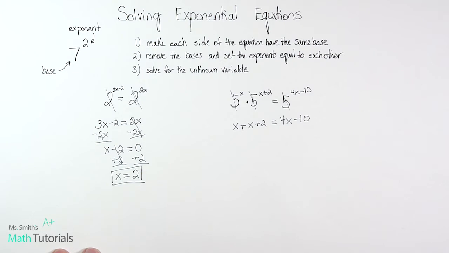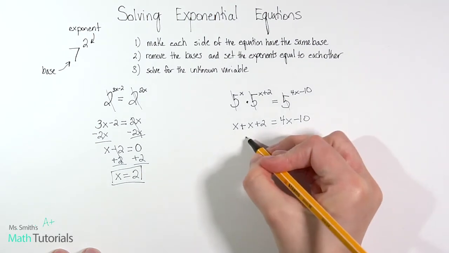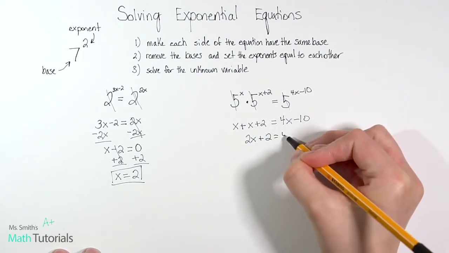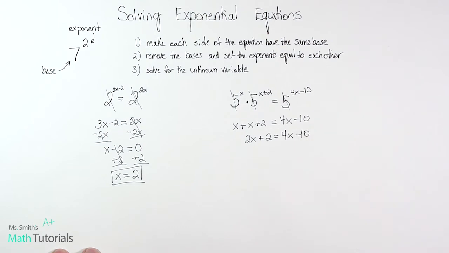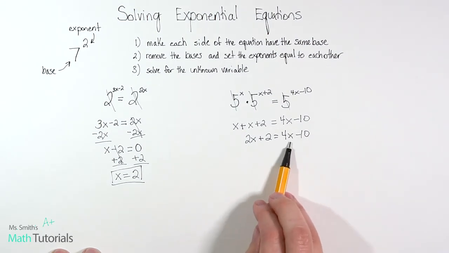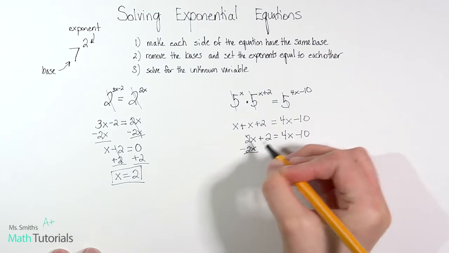Now I'm just back to my basic solving we've been doing forever. x plus x is 2x plus 2 equals 4x minus 10. I want to take my smaller x value and bring it to the larger x value using my inverse operation. So I'd want to subtract 2x.